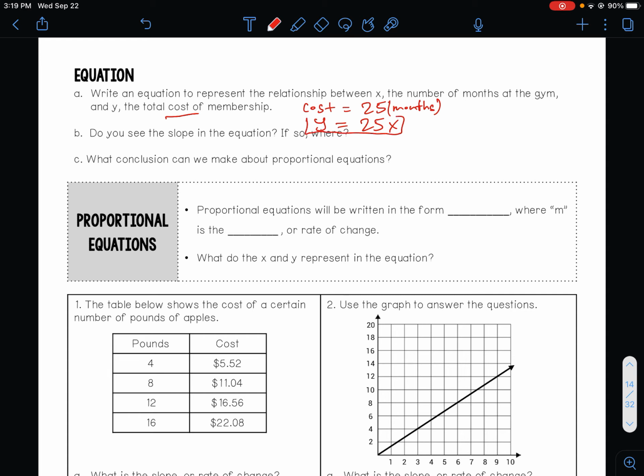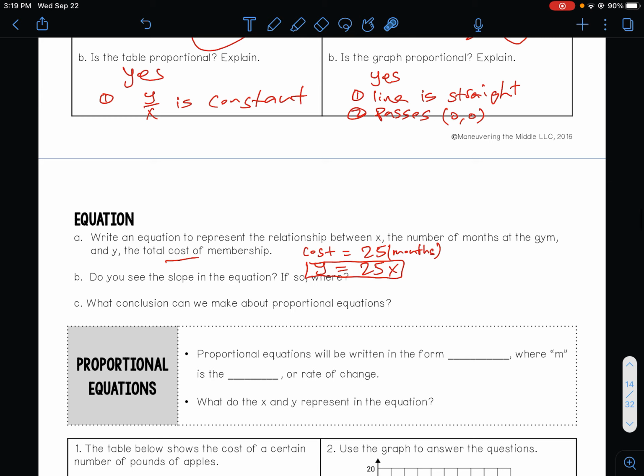That is our equation. Do you see the slope in the equation? If so, where? The slope, remember, we said the slope or rate of change is 25. Yes, we do. It's multiplied with x.